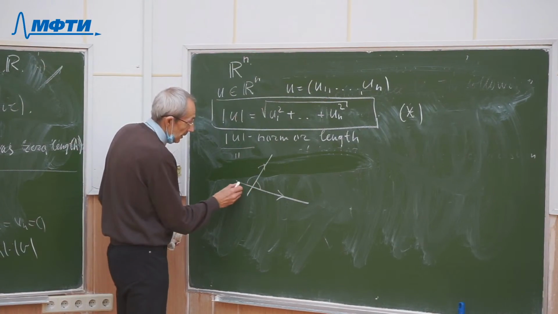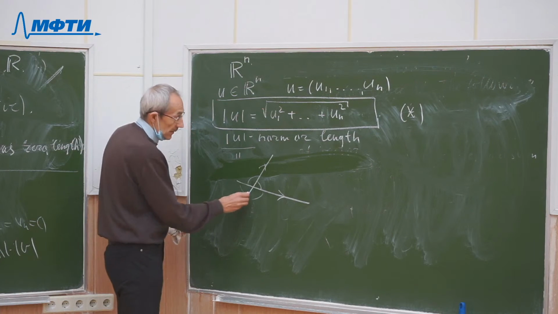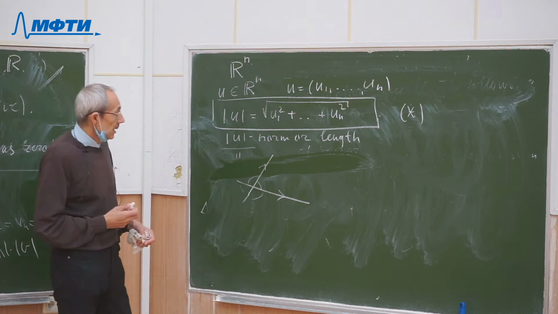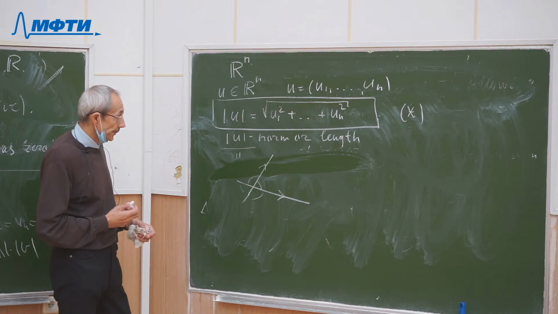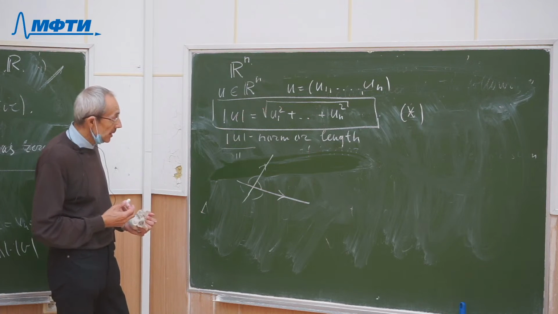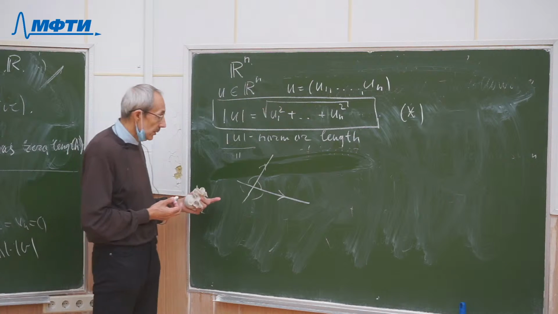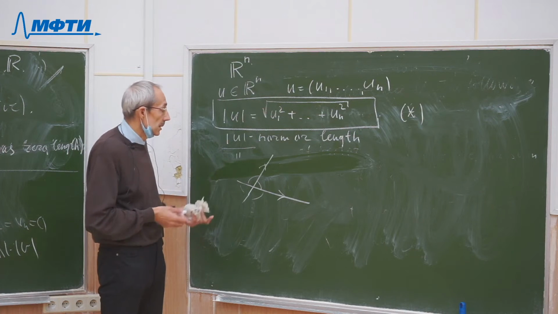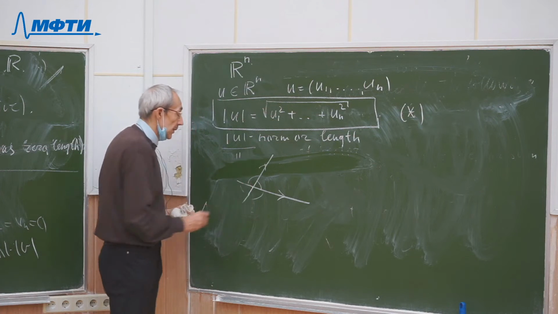Two straight lines are defined, if these straight lines are non-parallel and have some point of intersection.